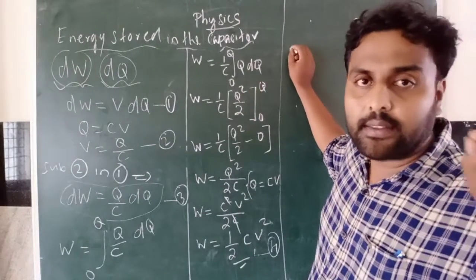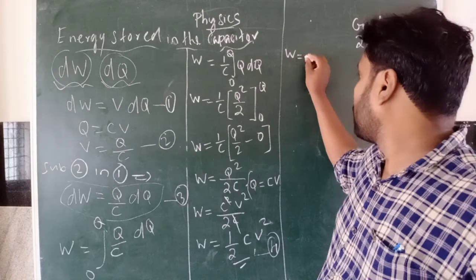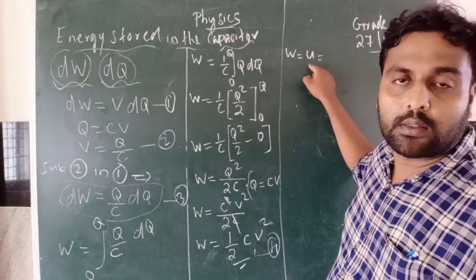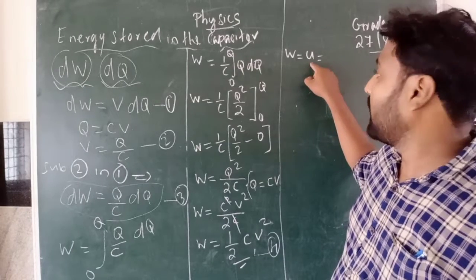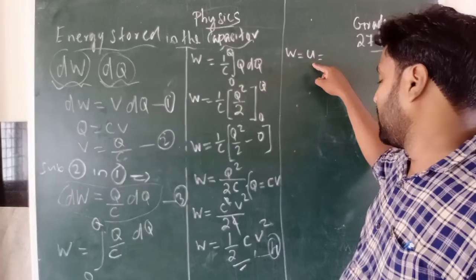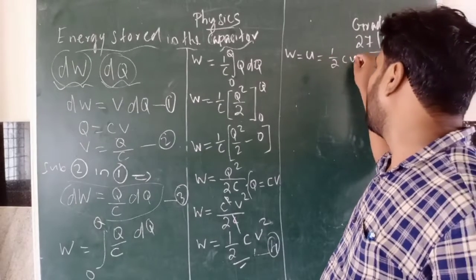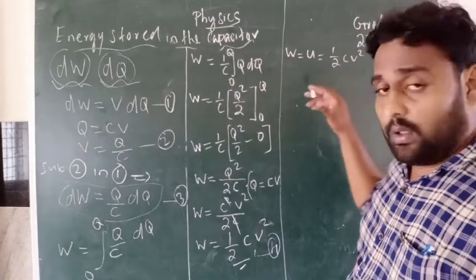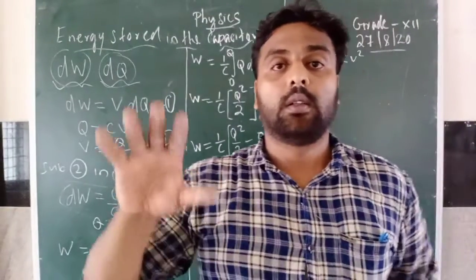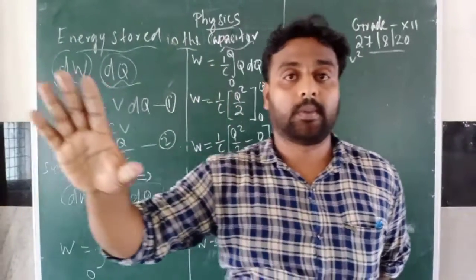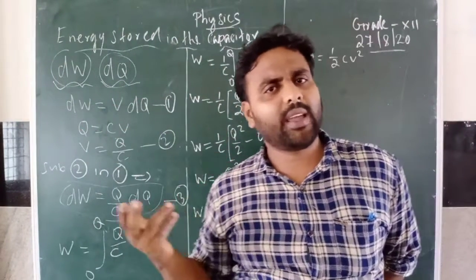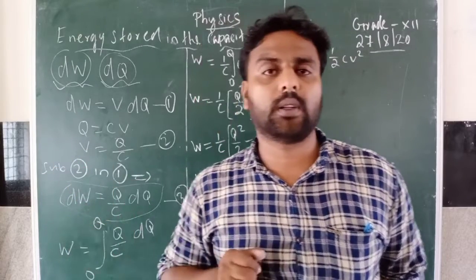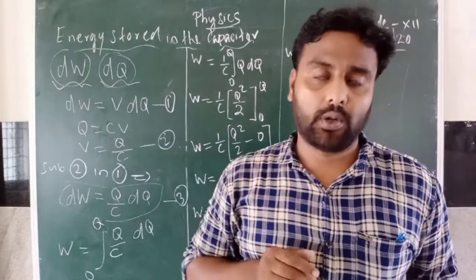So rewrite the equation: W equal to U, where U is the stored potential energy, equal to 1 by 2 CV square. Now we got how much energy is stored. Now we have to find where this energy is stored in the capacitor. That is what we are going to find.